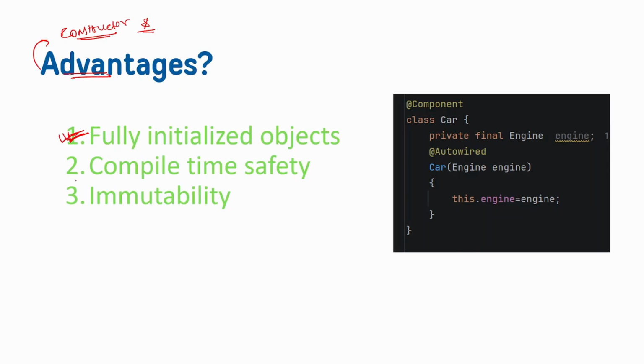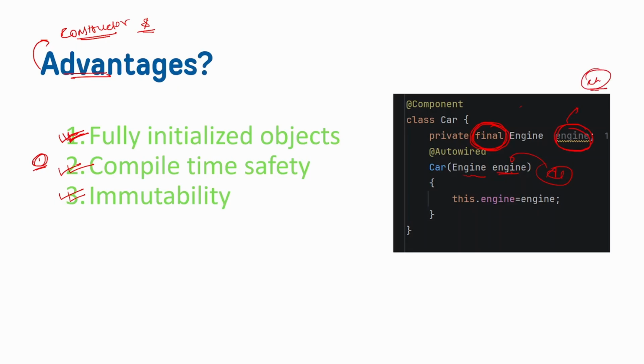There is also compile time safety, because if a dependency is missing or not found, we will know this error at compile time only, with the help of constructor injection. And here we can also achieve immutability. For example, we can use the final keyword, so after initialization, this engine dependency cannot be changed.